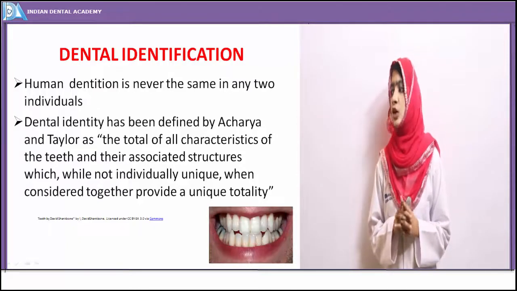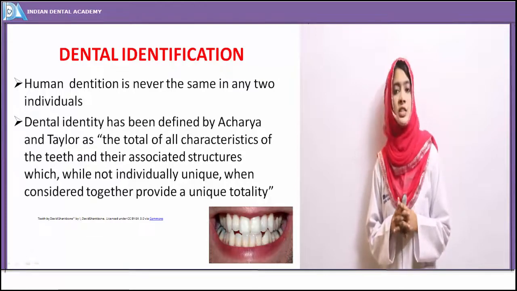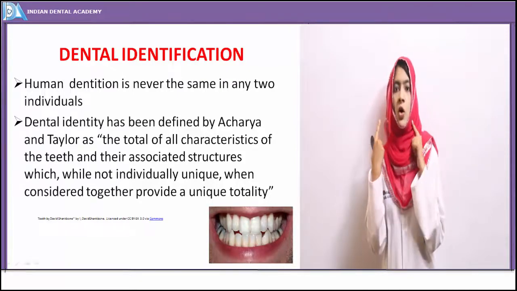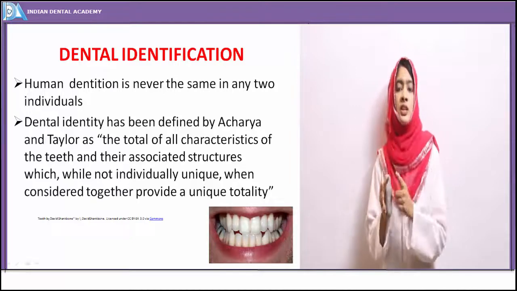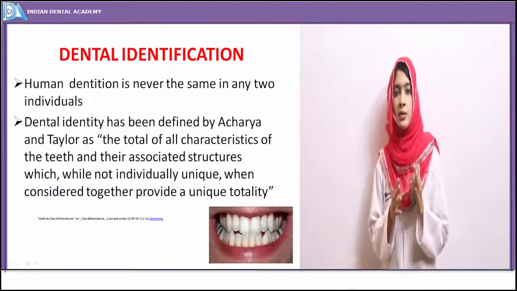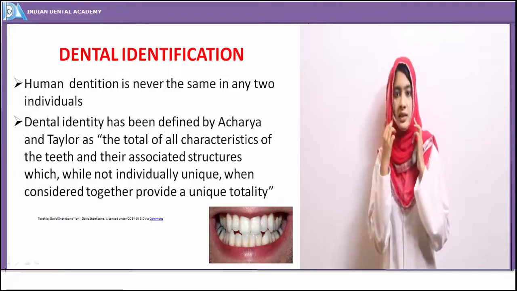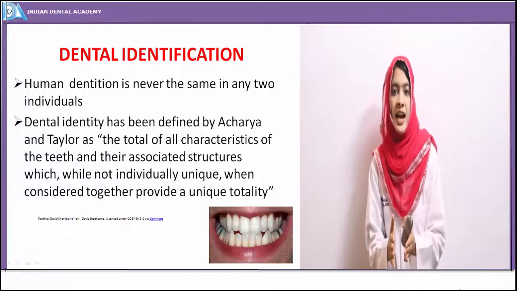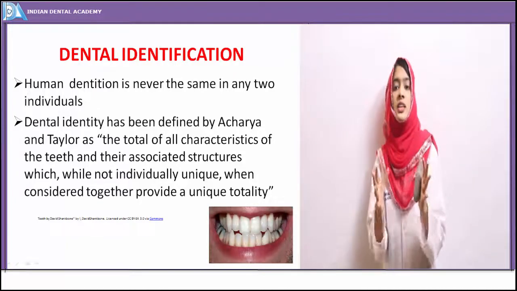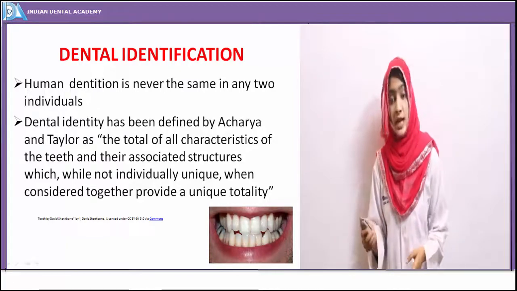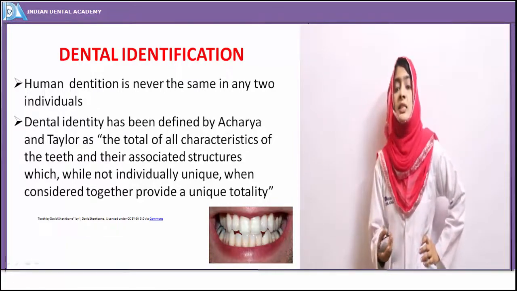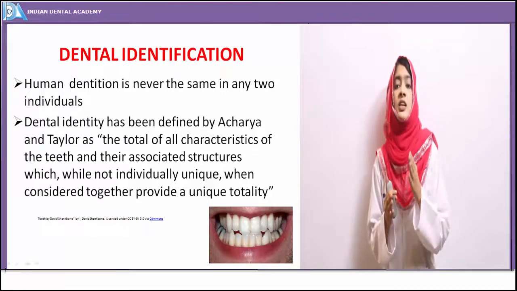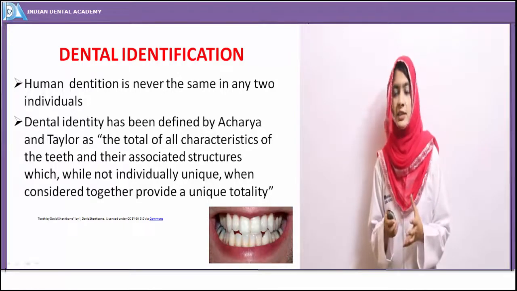It is the total of all characteristics of teeth and their associated structures, which while not individually unique, are unique to every individual when considered together. A single tooth may not be unique, but all the teeth in the oral cavity combined are specific to that individual only. The same features of all the teeth may not exist in another individual. So the term dental identity helps us recognize the fact that teeth are very unique and help us in identifying the individual.